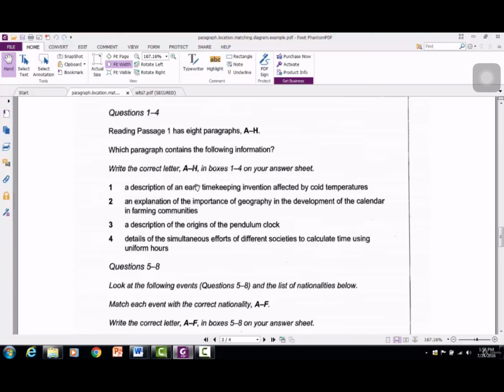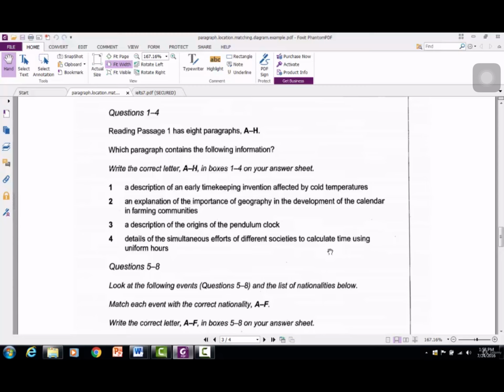So for number 1, we have early timekeeping invention and also something about cold temperatures. Those are the keywords that I would circle or underline. For number 2, we're talking about geography, calendar, and farming communities. Number 3, pendulum clock.